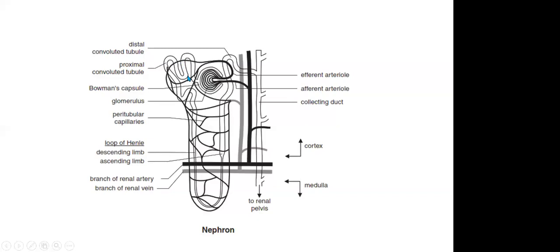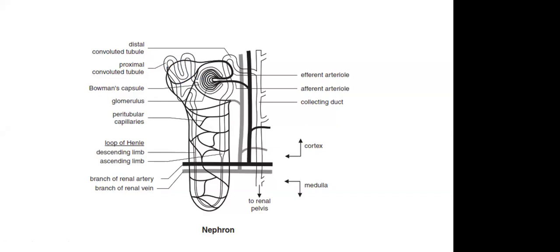And it's called proximal because it is near the Bowman's capsule. Proximal meaning near. There are reasons why it is highly twisted, providing a very large surface area to allow for maximum reabsorption.